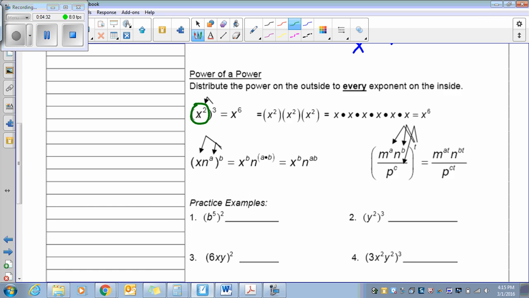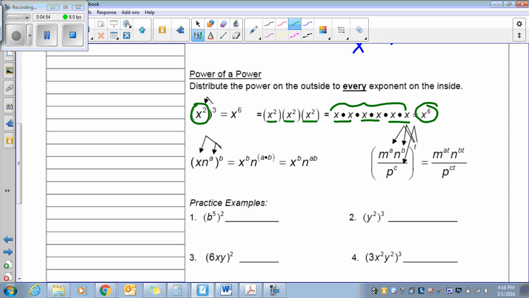So this is telling you to multiply x squared 3 times. So x squared times x squared times x squared. If you simplify out each of these x squareds, it's saying x times x, and then multiplied by another x times x, multiplied by another x times x. So in reality, you have 6 x's, which is x to the 6th.